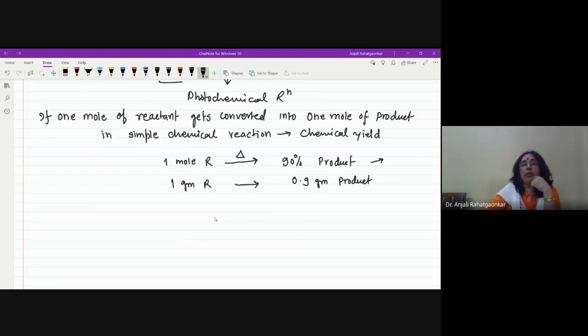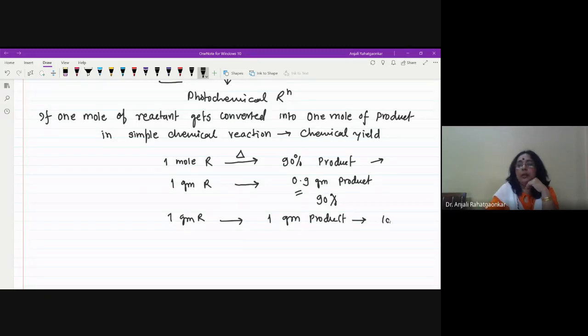If I have 1 gram of reactant and in the product I am getting 0.9 gram, it means that the productivity is 90%. If I have 1 gram of the reactant and I am getting 1 gram of the product, it means that the conversion is completely 100%.